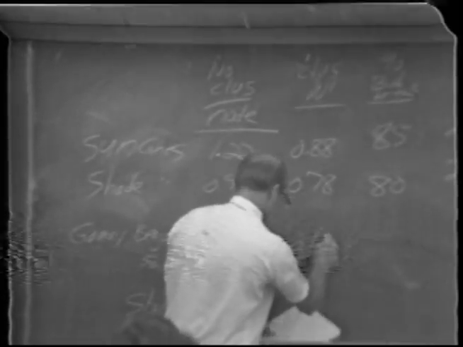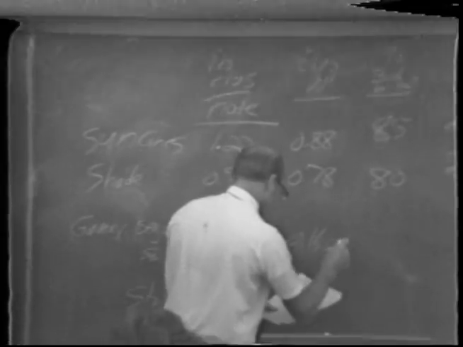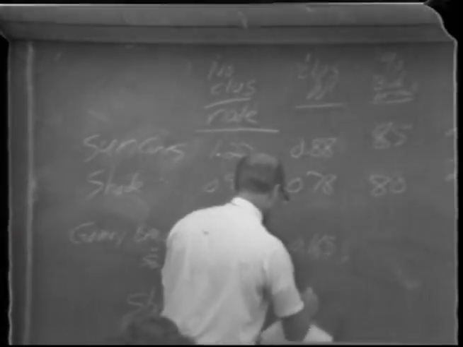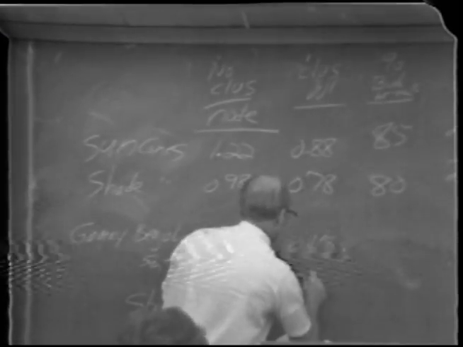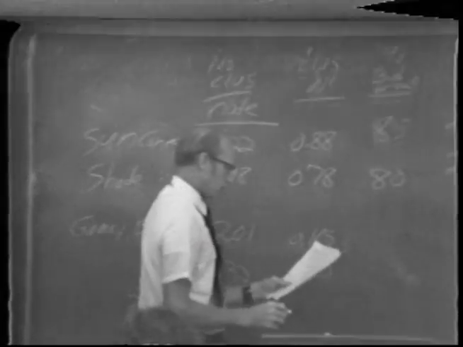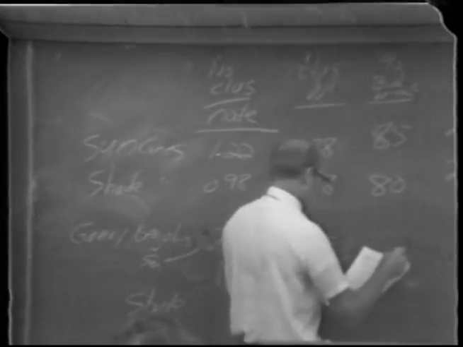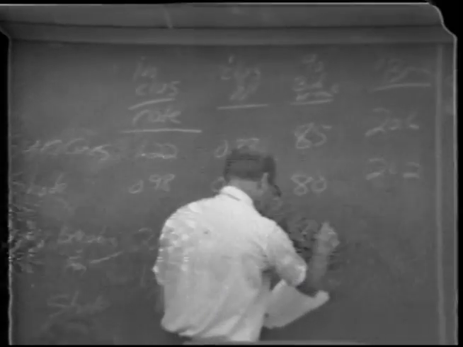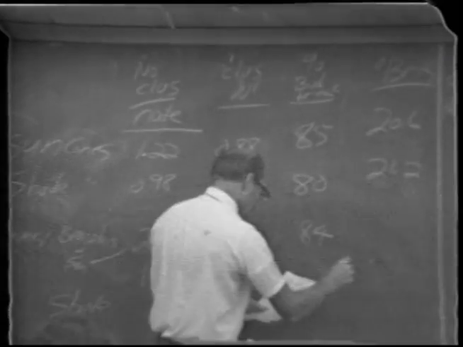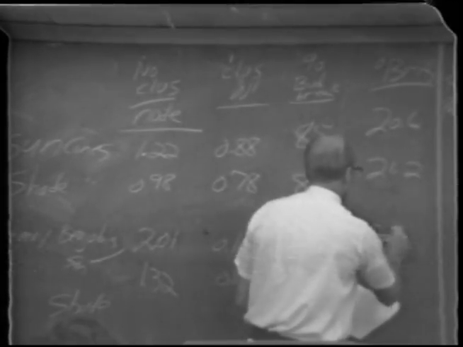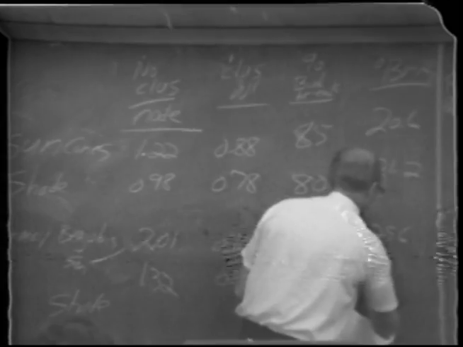Average cluster weights were 1.65 pounds and 1.60 pounds per cluster. Percent bud break was 84% and 72%. And degrees Brix was 25.6 and 25.1.